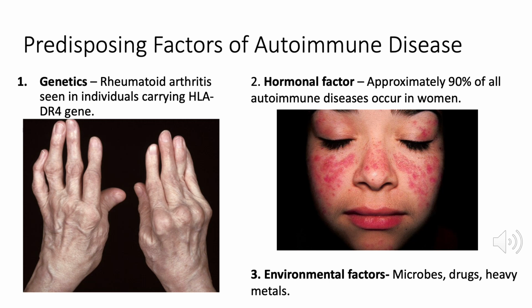Coxsackie virus infection in mice causes type 1 diabetes but has not been established as a cause in humans. Procainamide, an antiarrhythmic drug, causes systemic lupus erythematosus. Heavy metals such as gold and mercury cause autoimmune diseases in experimental animals.